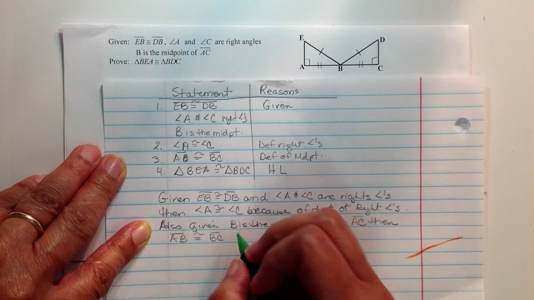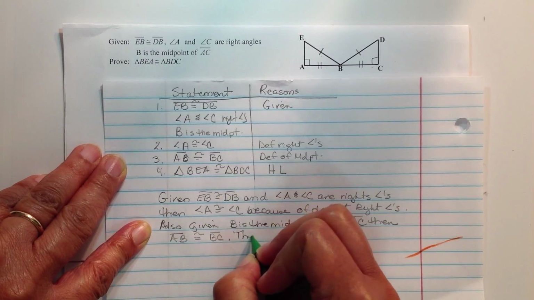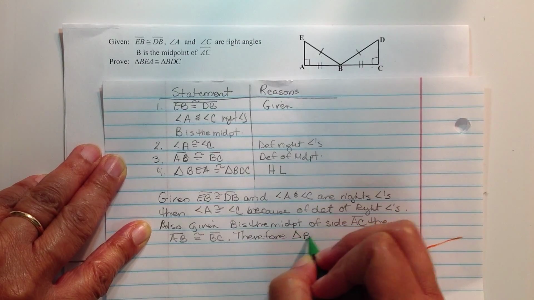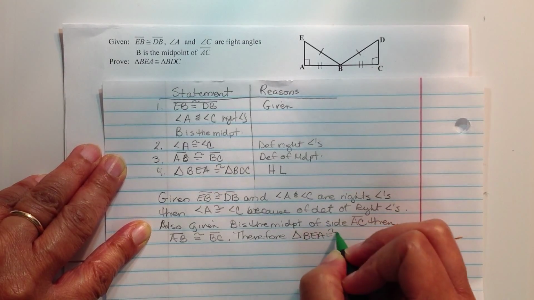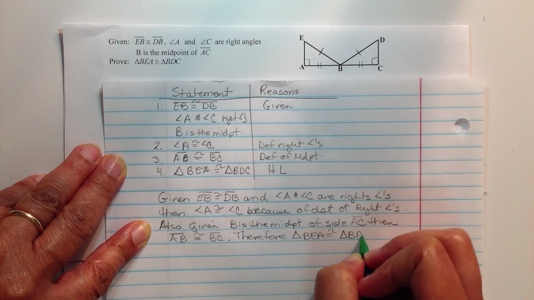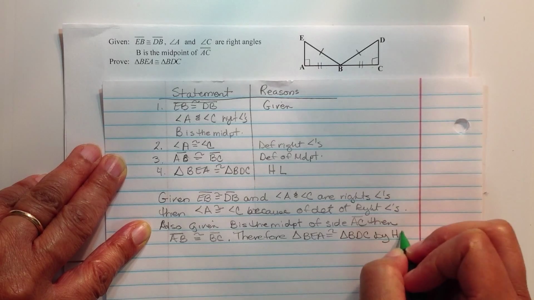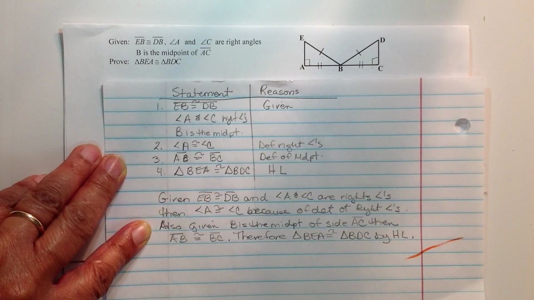Okay? So then I can say, therefore, triangle BEA is congruent to triangle BDC by hypotenuse leg. So that's an example of a paragraph proof.